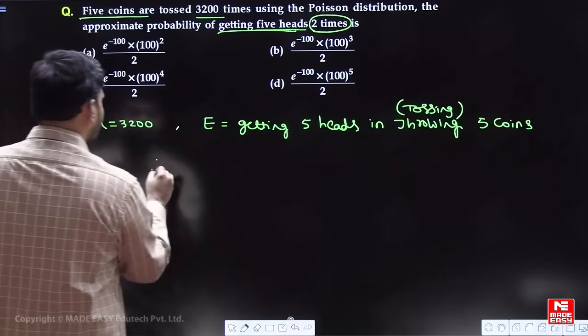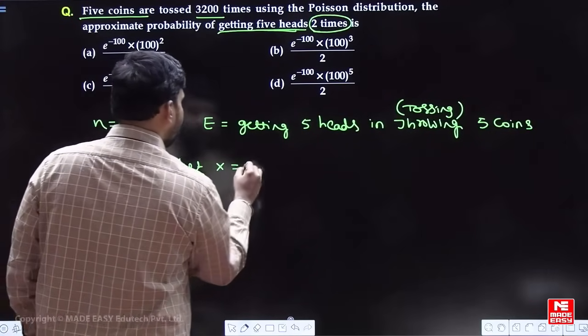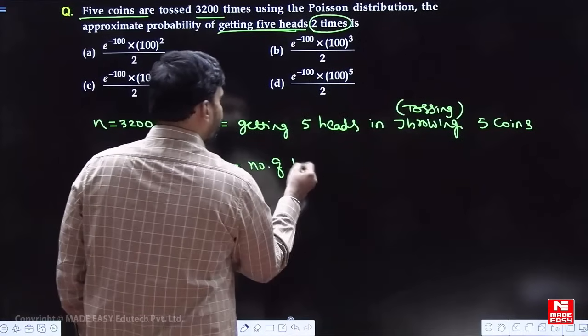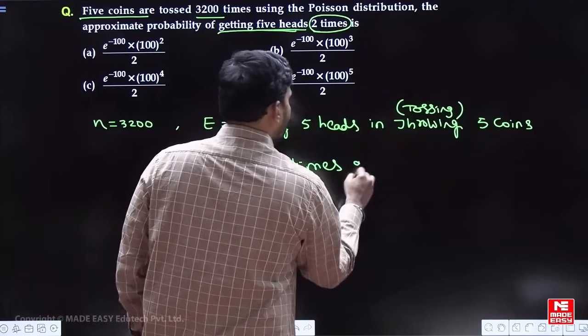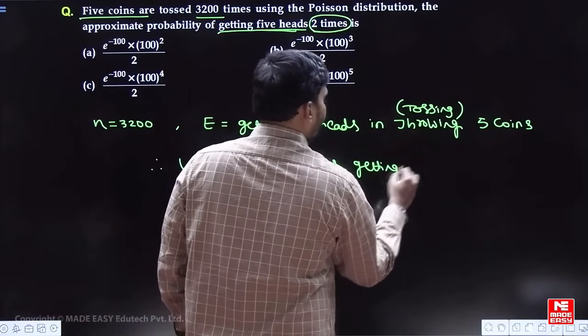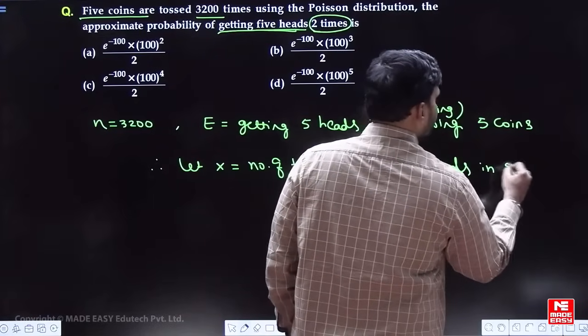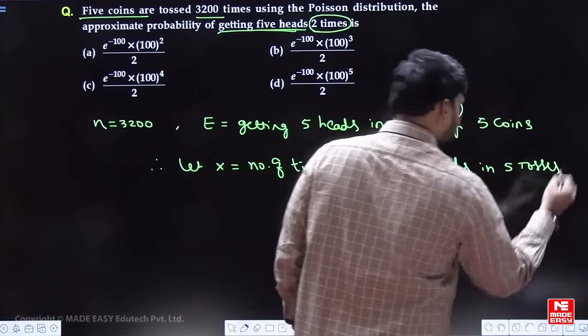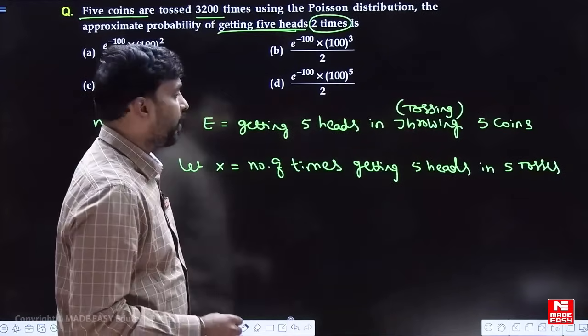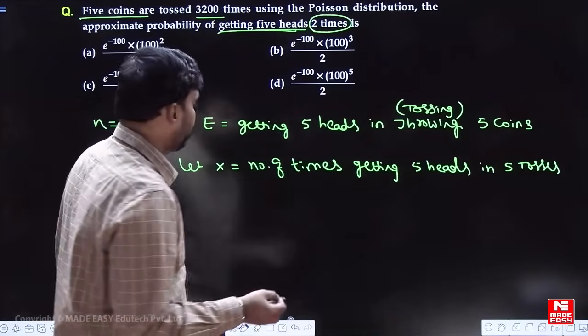So therefore I am defining the random variable as the number of times of getting 5 heads in 5 tosses.